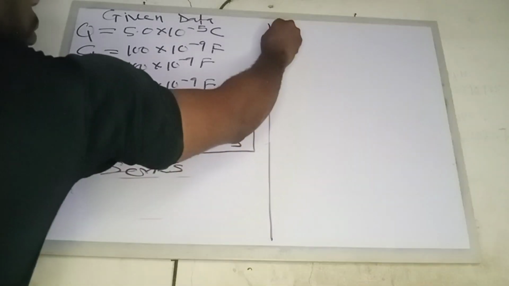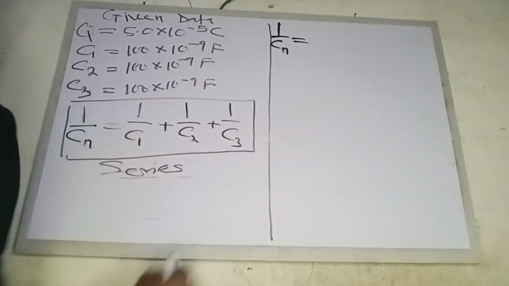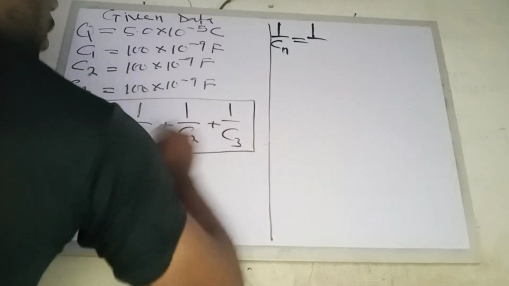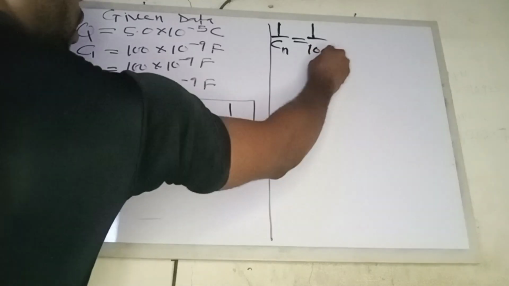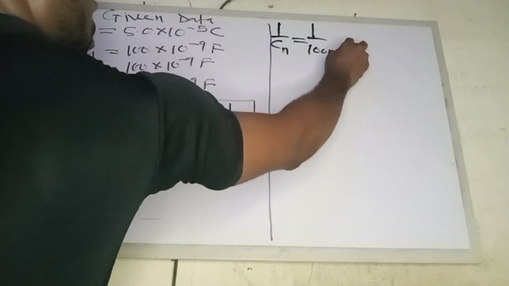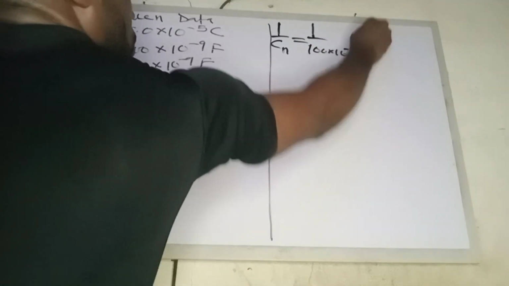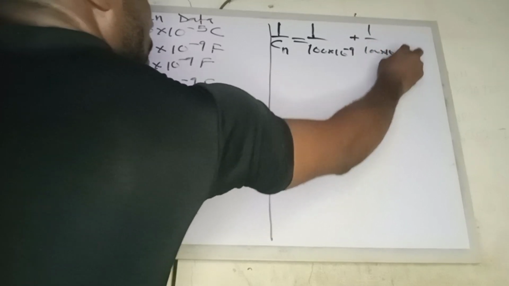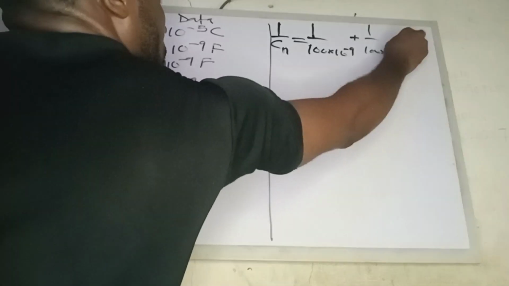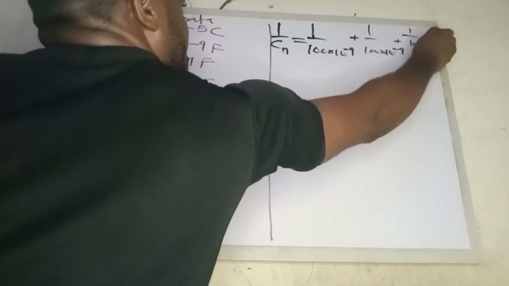Therefore we have 1 over Cn equals 1 over 100 times 10 raised to the power of minus 9, plus 1 over 100 times 10 raised to the power of minus 9, plus 1 over 100 times 10 raised to the power of minus 9.